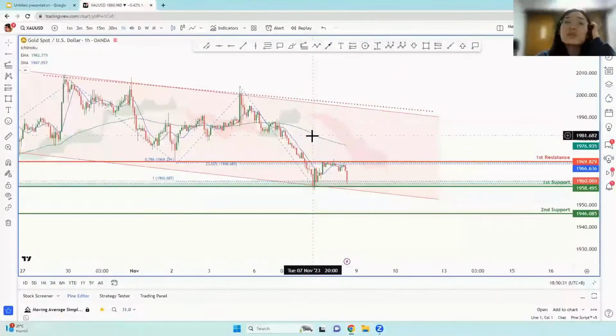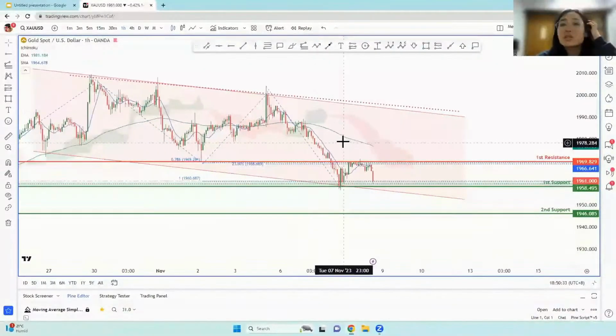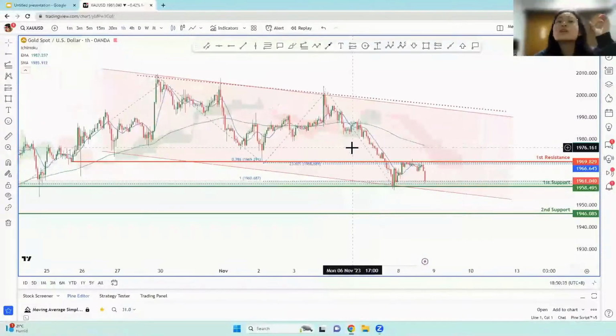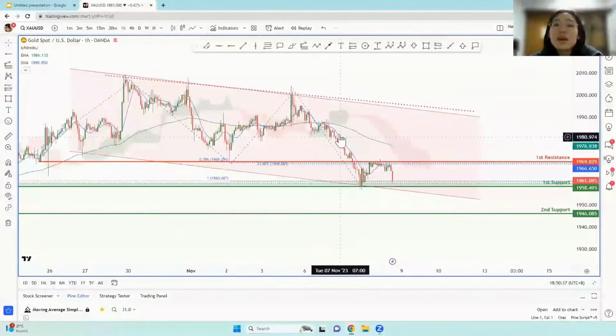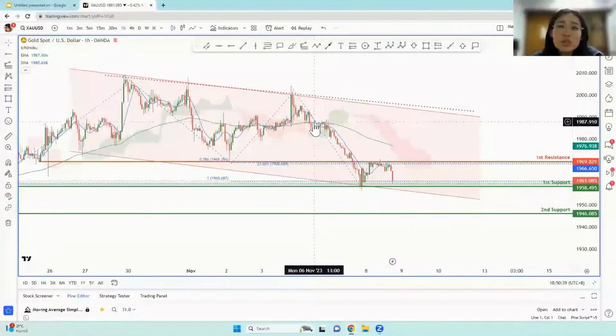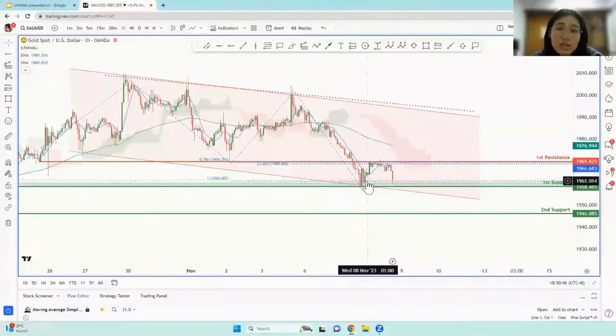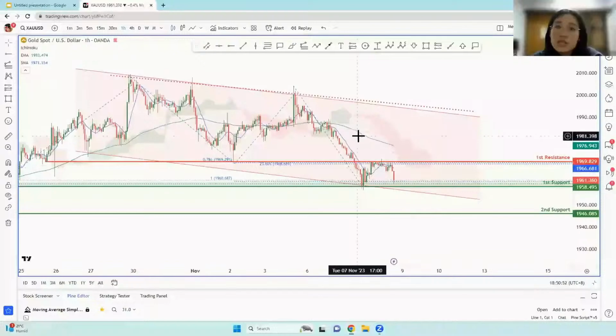Price is moving below our EMA, so it supports our bearish signal. And over here, we see that price has crossed over, which signals a change in trend, and you can see price definitely did drop over here. Price is also continuing to move below our SMA, which also supports our bearish signal.